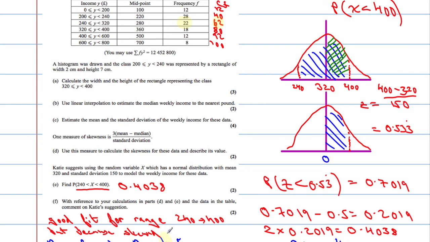So because skewed, not good fit overall. It's pretty decent for this particular range here, but not a good fit overall. The reason why it's useful is because the mean we calculated earlier on was around about 316. Here it's 320, so it's a decent fit within this range, but overall not a good fit because of the skewness.